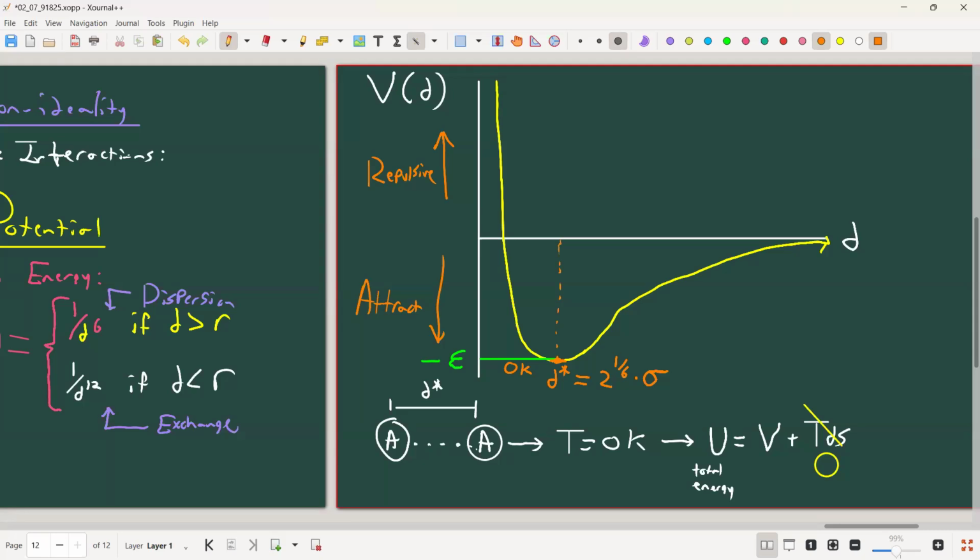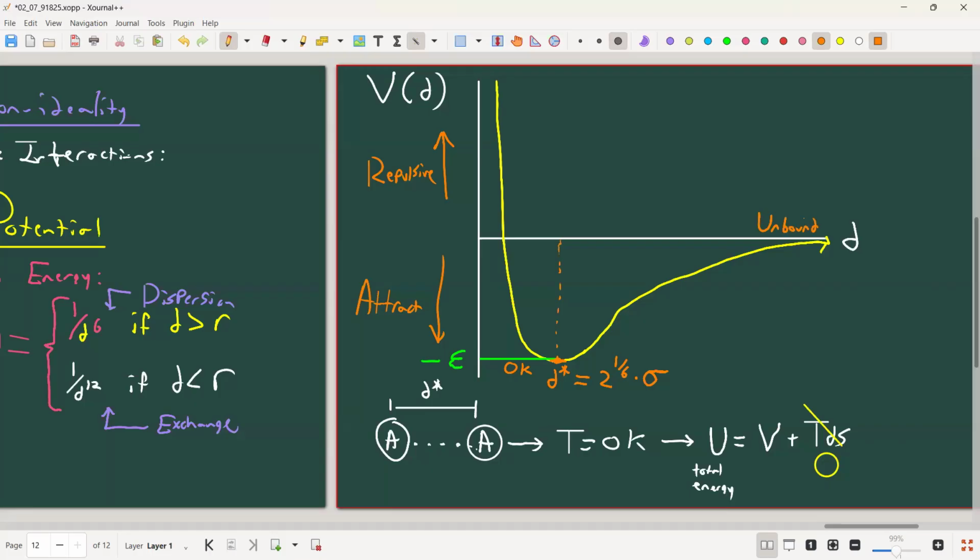Well, in order to separate the 2 atoms to infinity, I have to add in epsilon amount of energy, because the attraction is epsilon. So in order to break it, I have to put in epsilon energy to bring the potential to 0, and then the molecules are unbound. So this limit at V equals 0 is unbound.